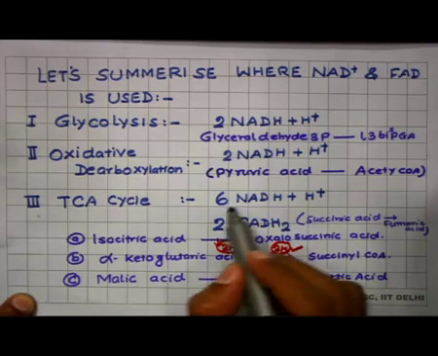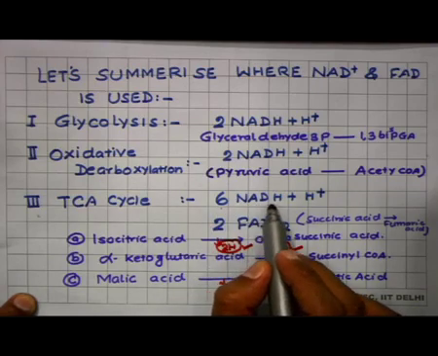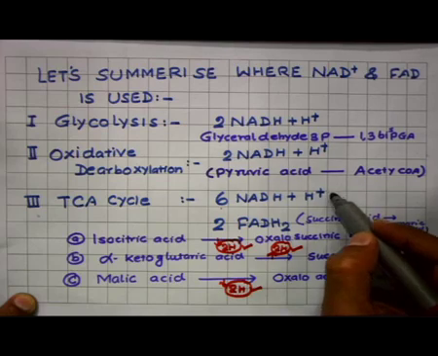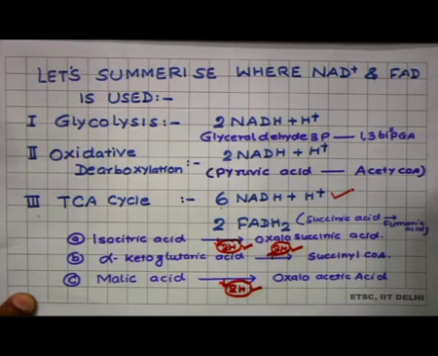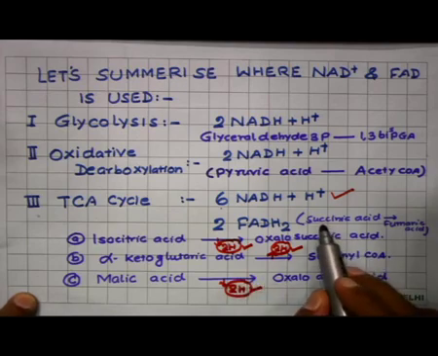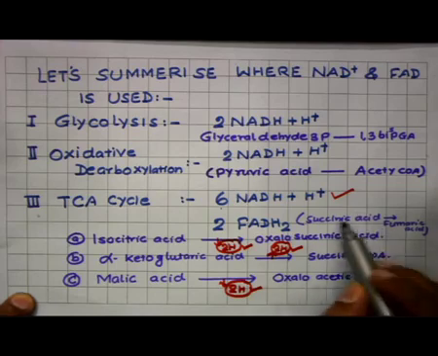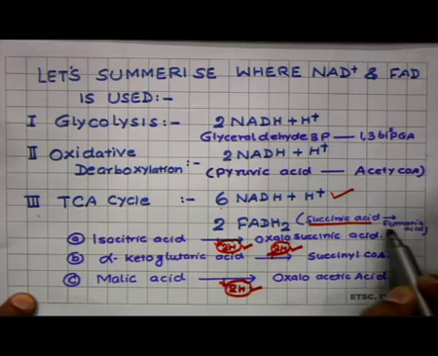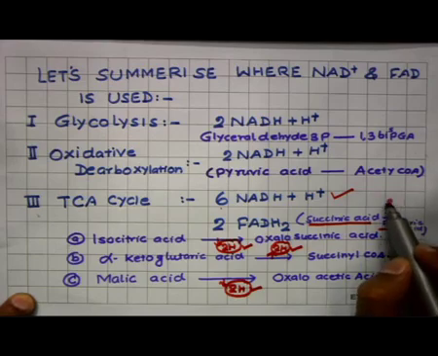So, 6 NADH plus H plus are formed in the TCA cycle. And in one step I have already discussed, at the time of conversion of succinic acid into fumaric acid, 2 hydrogens are also released.